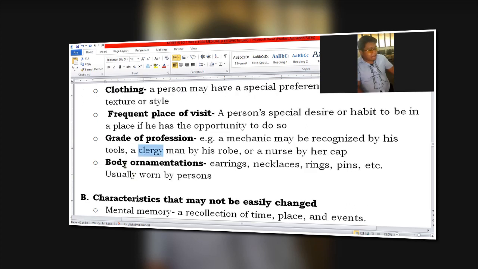Okay? So body ornamentations also. Earrings, necklace. For example, Ifugao people have their necklace, no? When that is described by the suspect, victim, or witnesses, then at least you know where to start, on possible suspects. Body ornamentation: earrings, necklace, rings, pins, and so on, usually worn by the person as suspect.